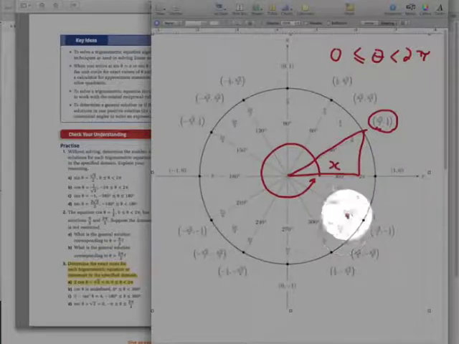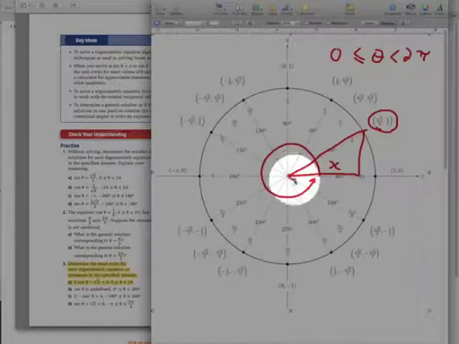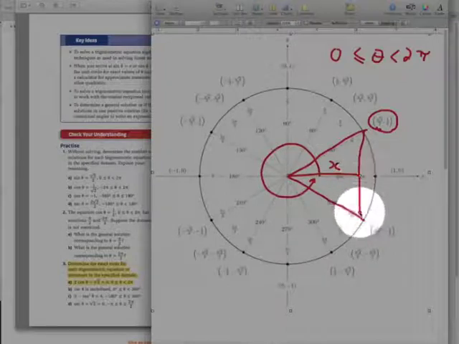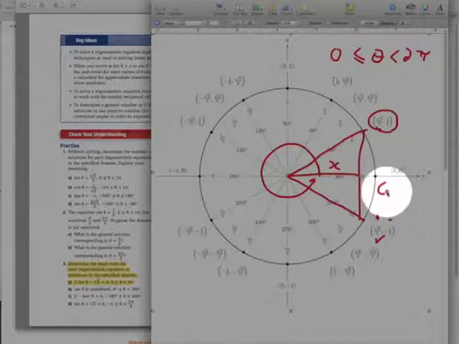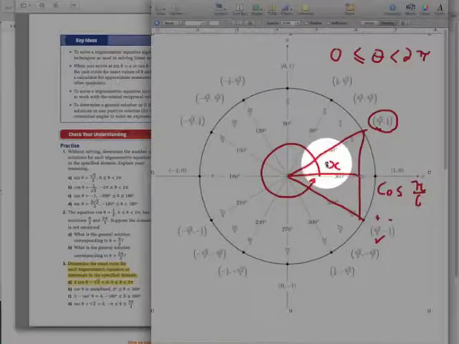So down there, the other answer will be this one here. Because here, this one's positive and that one's negative. So this would be the other valid response because this is positive, and when you're dealing with cos of pi over 6, the only thing that matters is that the x needs to be positive, and this is our positive x here.